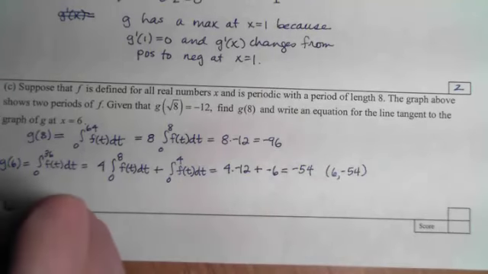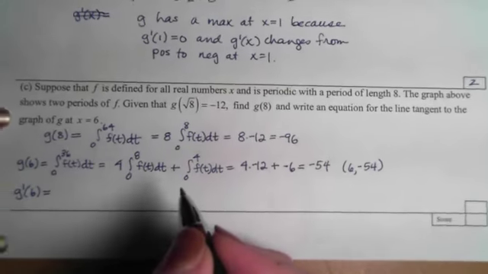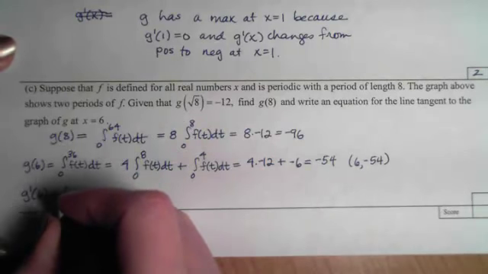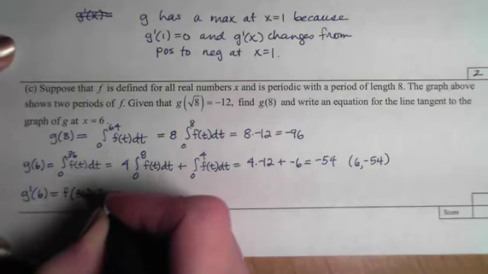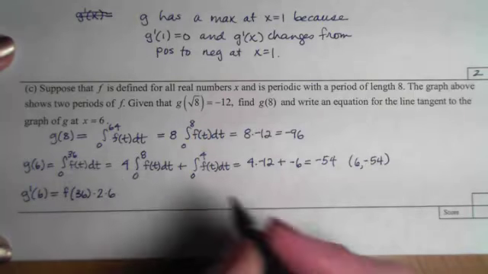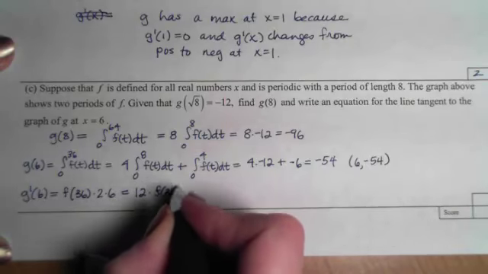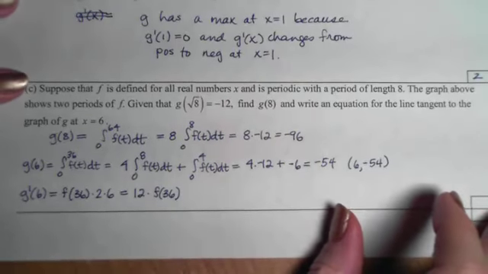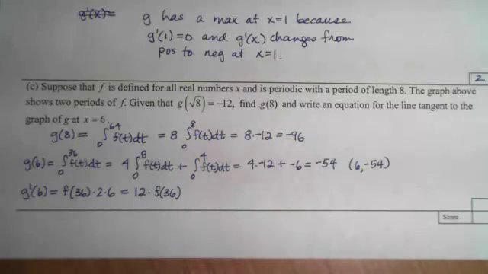I also need my slope, so I need g prime of 6. So that means I'm going to go to my g prime, which, if you go back up above, is going to be f of x squared times 2 times x, which is 2 times 6. So I'm going to get 12 times f of 36. Now, because of the periodicity, 36 is going to be 4 units away from the start of the panel.